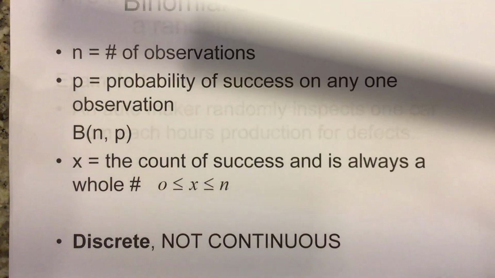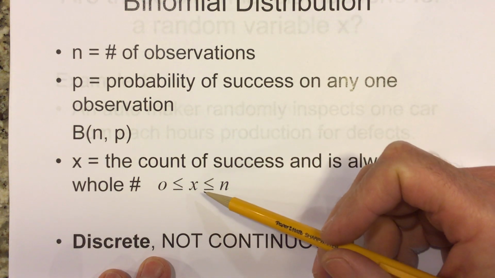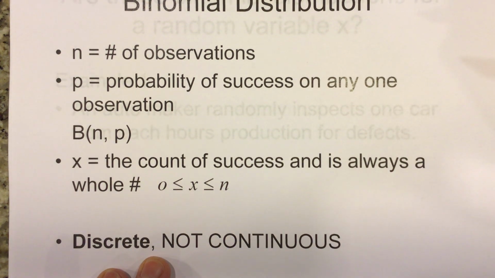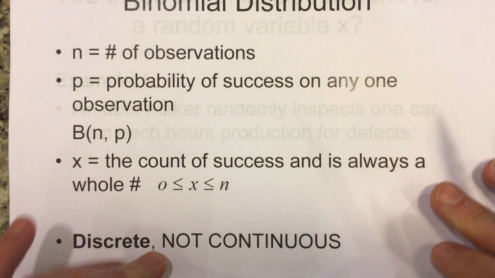Remember, we spent some time last semester talking about continuous distributions. Well, this one's discrete. So those things about the inequality having the or equal to are going to matter here because, again, this is discrete. Each outcome will have a set probability, whereas with a continuous distribution, remember, one outcome always has a probability of 0.